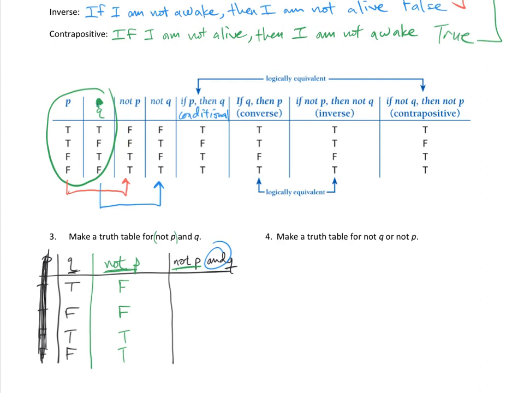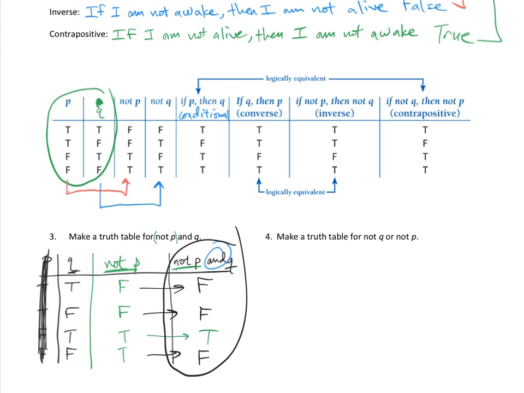So we will have a true for this third row, and everything else will be false. And that's it. There are the values for not P and Q.